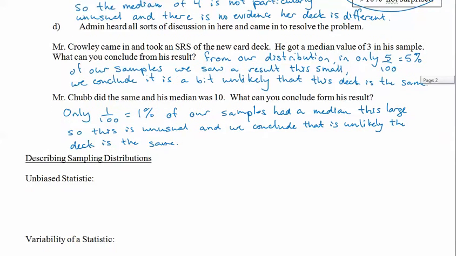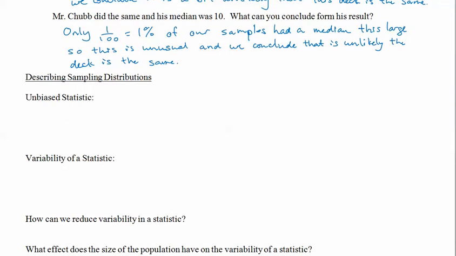So describing sampling distributions, an unbiased statistic. If you remember what bias means, in general we're talking about leaning towards one result or another. So this is a statistic. And if you recall, a statistic is something that is drawn from a sample.